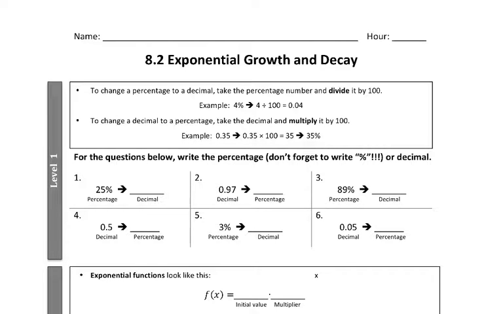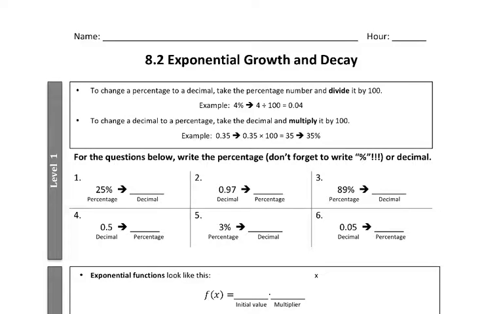The first thing we have to do is talk about converting between a percentage and a decimal. Percentages are nice and easy to talk about when discussing money or growth, but we can't type a percentage sign into equations or calculators, so we have to convert back and forth.